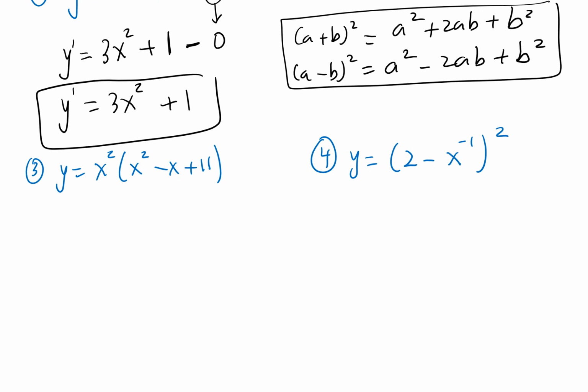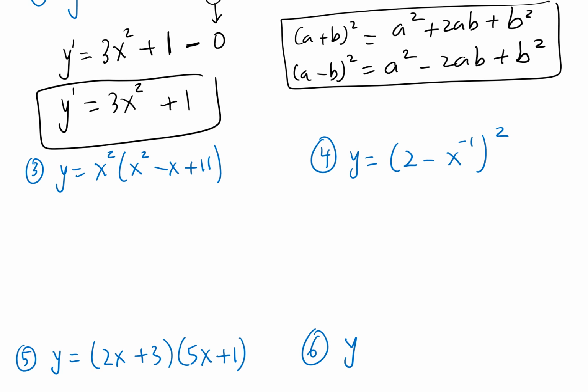Another one, you're gonna be trying it. Write all of them down. y equals 2x plus 3 times 5x plus 1, and 6, y equals x to the 8 minus x to the 6 over the square root of x.